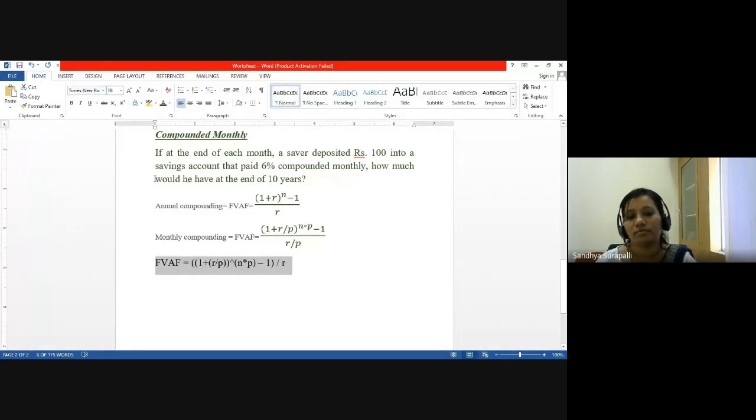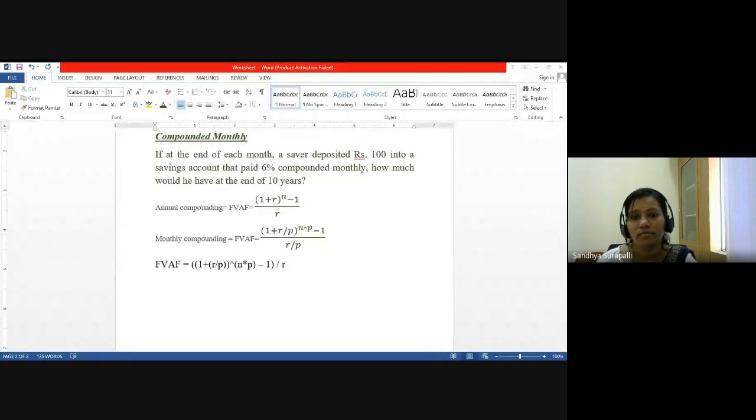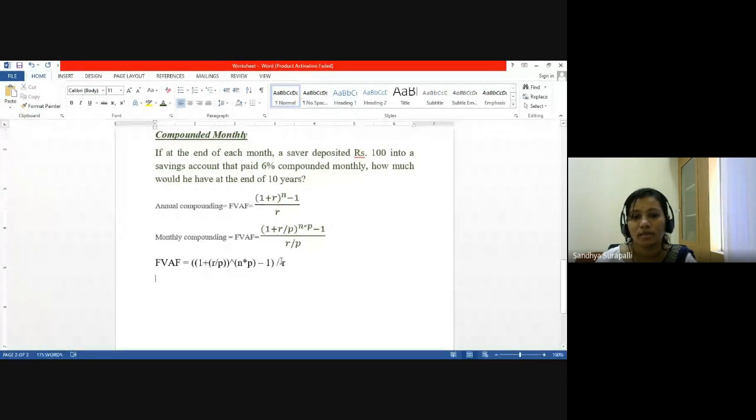Same thing. Some textbooks don't use fraction form. They simply use a slash and then write. R also you have to divide.